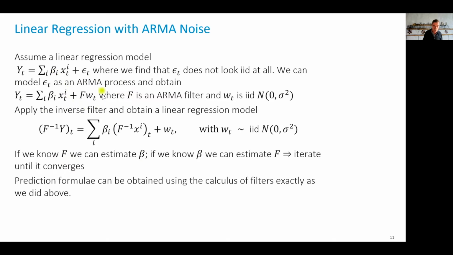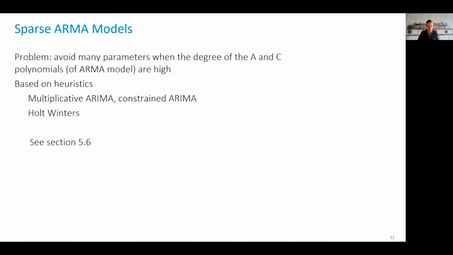Then you refine the noise: for this beta, you find an F. Out of this F, you re-estimate beta using this formula, which gives slightly different estimates of beta. And you iterate until you're tired of iterating or until it truly converges. That's one of the sophisticated methods often used when you have sophisticated time series.